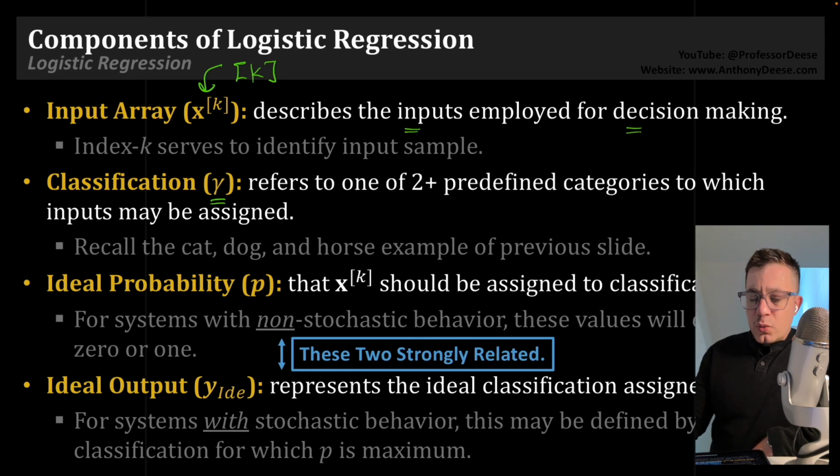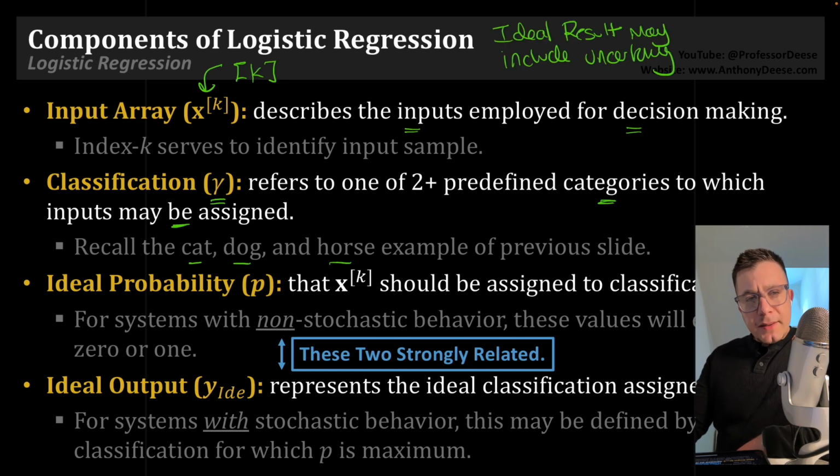It tells us which one of the two or more predefined categories to which an input may be assigned. So if we're looking at the Michael Jordan example, gamma equals 1 would be he makes the shot, and gamma equals 0 would be he misses the shot. Or if we look at the cat, dog, and horse example from the previous slide, we would have 3 gamma values. Perhaps the cat would be gamma equals 1, the dog would be gamma equals 2, and the horse would be gamma equals 3.